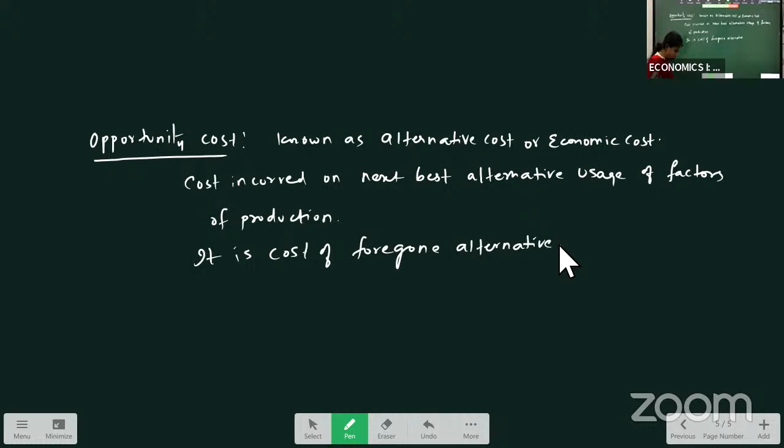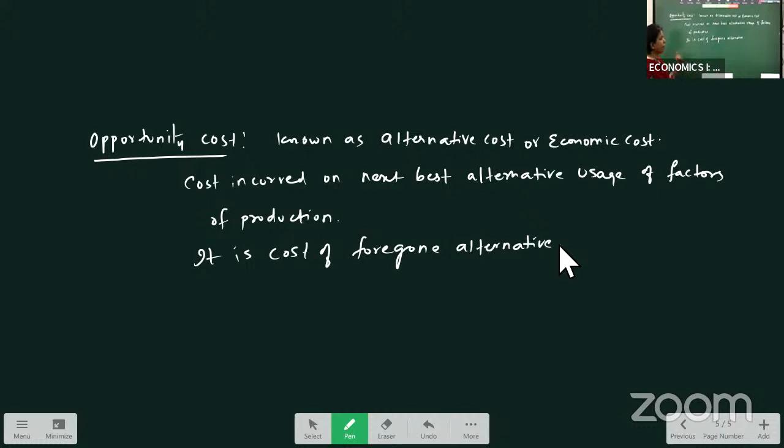Remember, when you get this question, you have to write 3 meaningful points. It is also known as alternative cost or economic cost. The cost incurred on the next best alternative usage of factors of production. Because all our factors are scarce, there is shortage, we will use them alternatively.